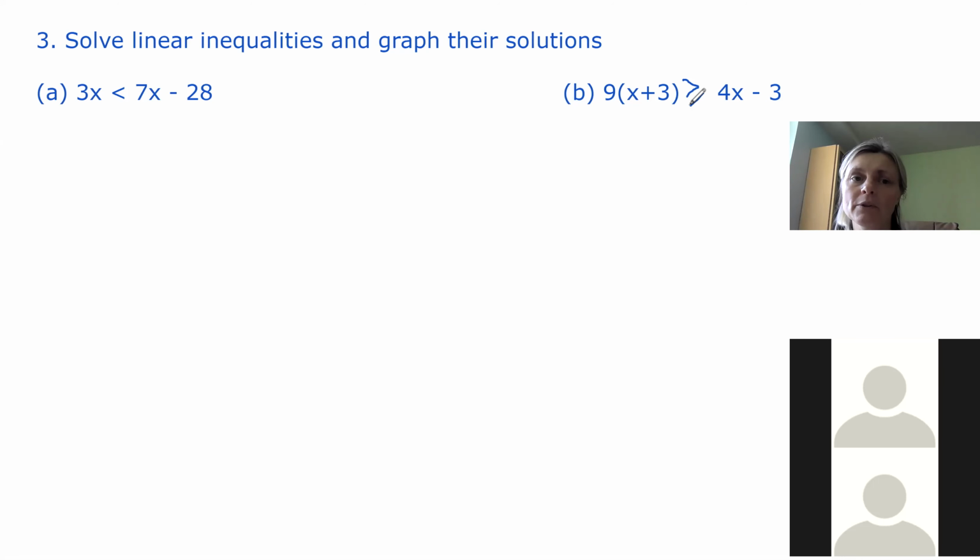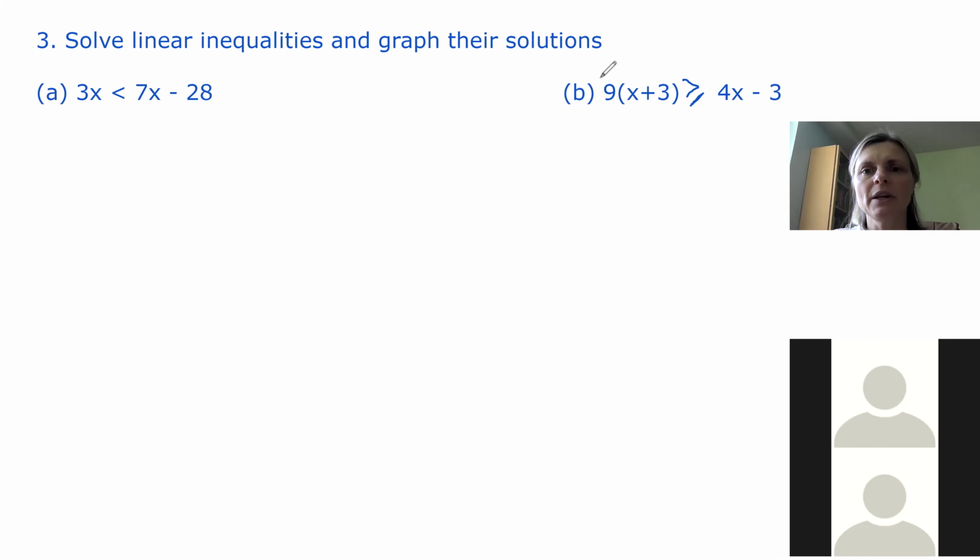So what I will do is I will put these 2 differences in right now, and I will ask you to try to solve, or at least start solving, these 2 inequalities. What I can tell you in advance is in A, you will have to change the direction of the inequality, and in B, you will not have to do it, okay?